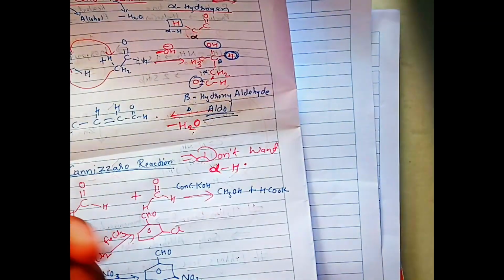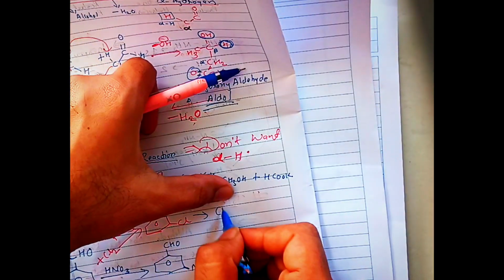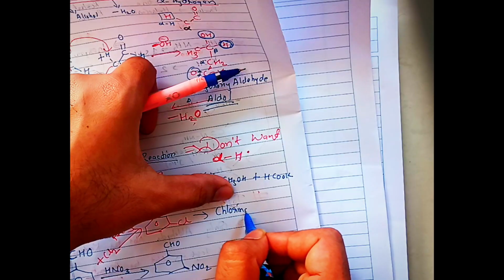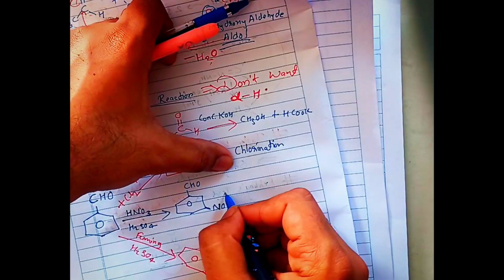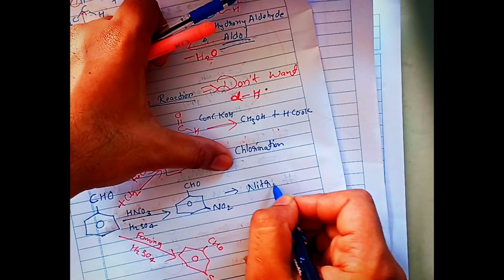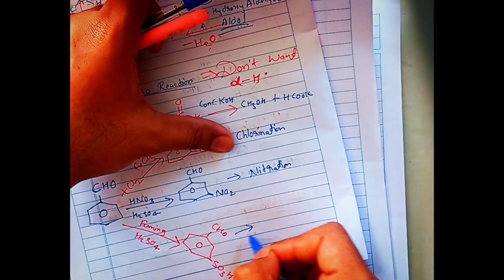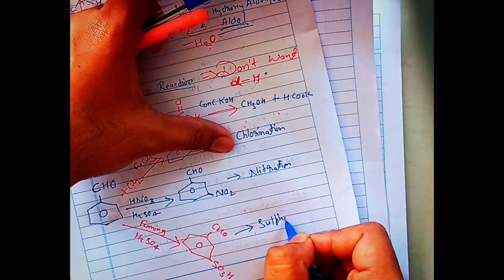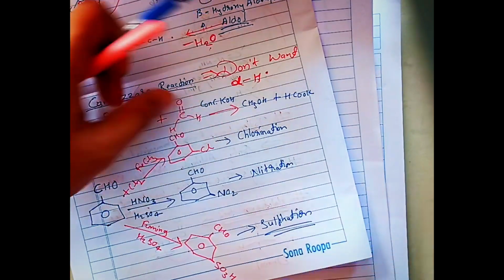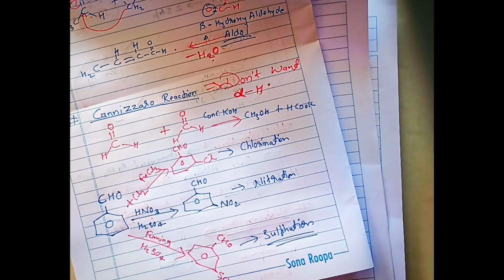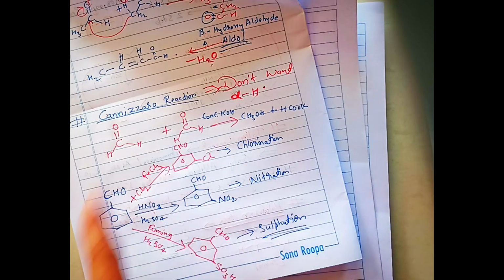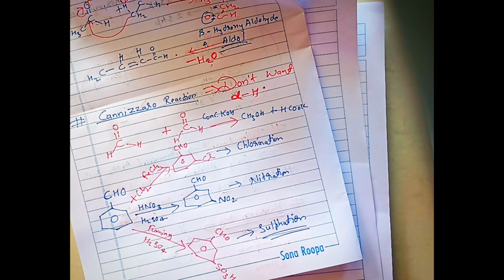So this will be chlorination, this will be nitration, and this will be sulfonation. Like this we can learn all three in only one reaction.